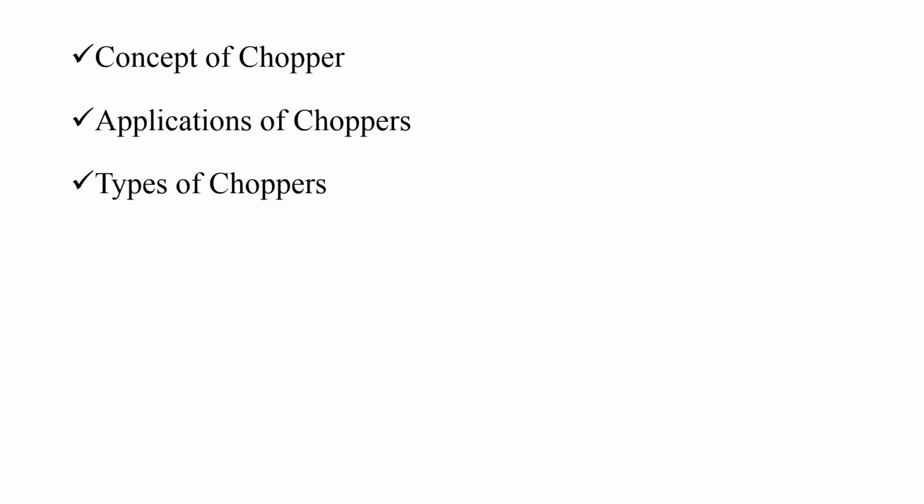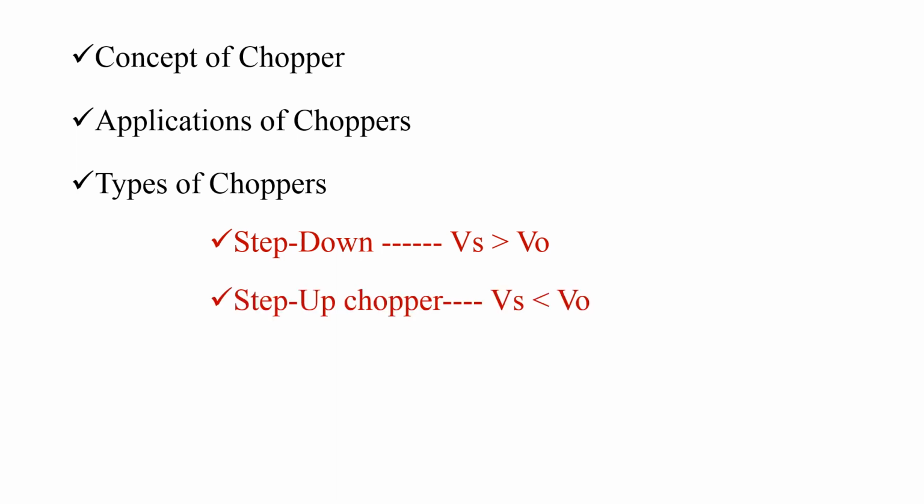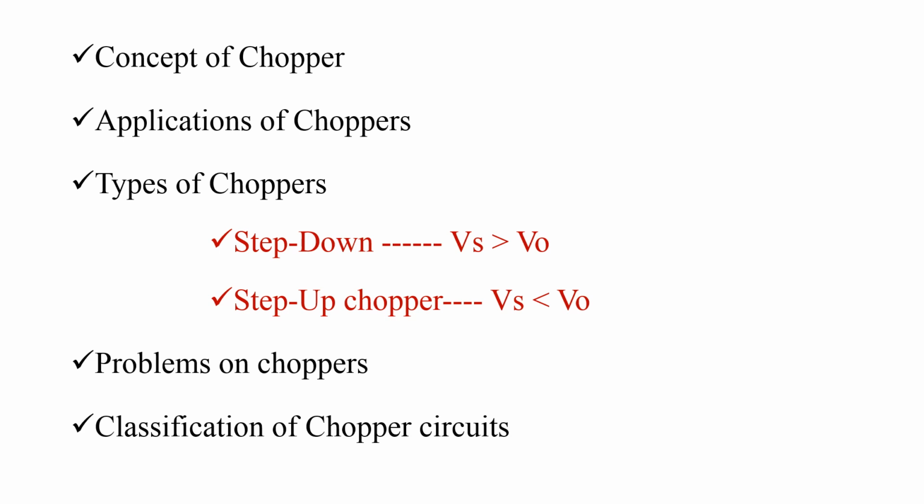In fourth unit, up to now we discussed about concept of chopper, applications of choppers, types of choppers, that is step down chopper, step up chopper, problems on choppers, and classification of chopper circuits. First of all, I think everyone knows the concept of chopper.